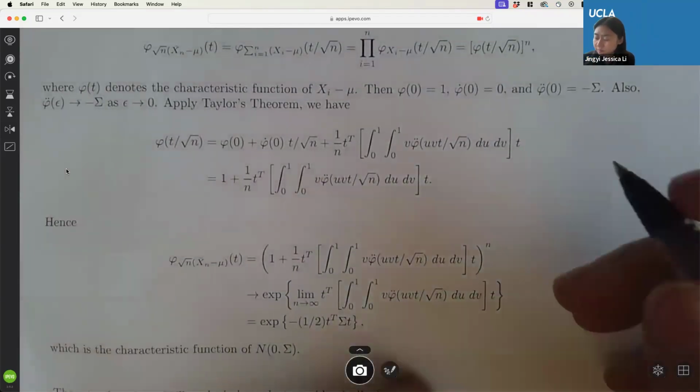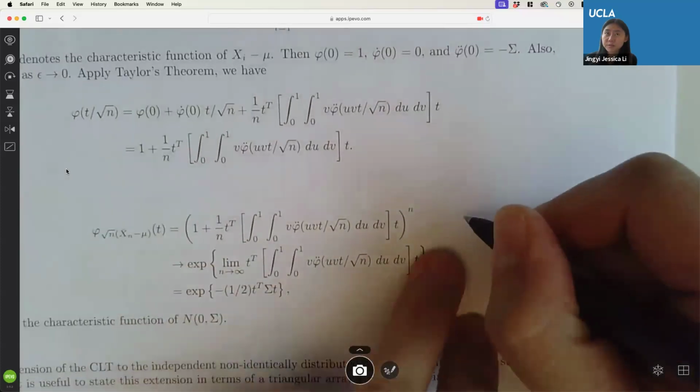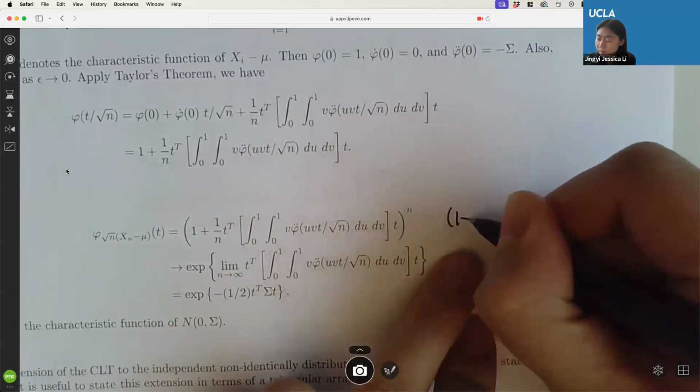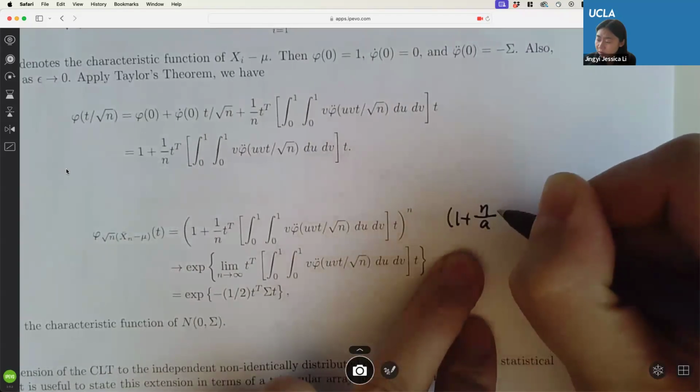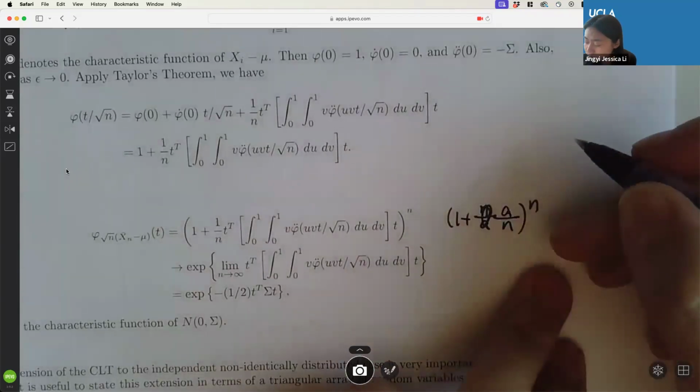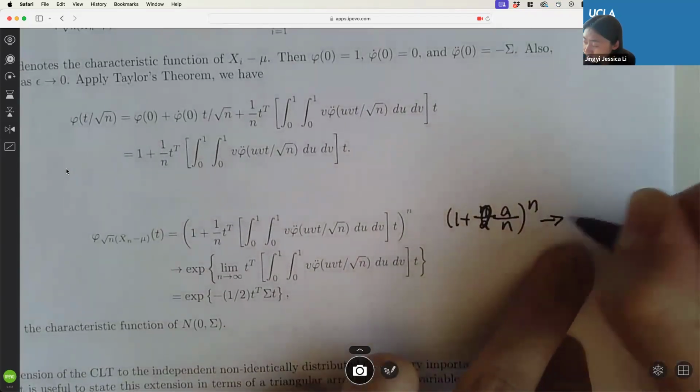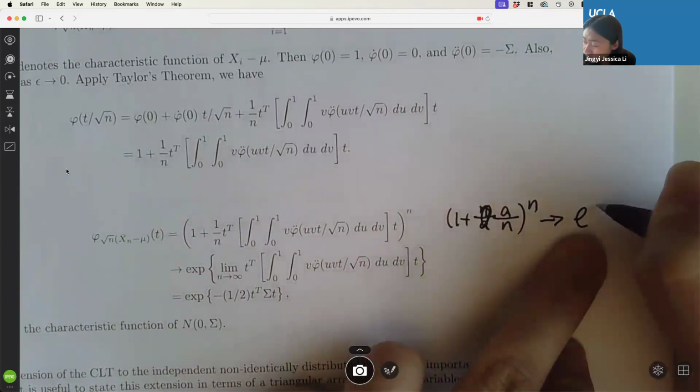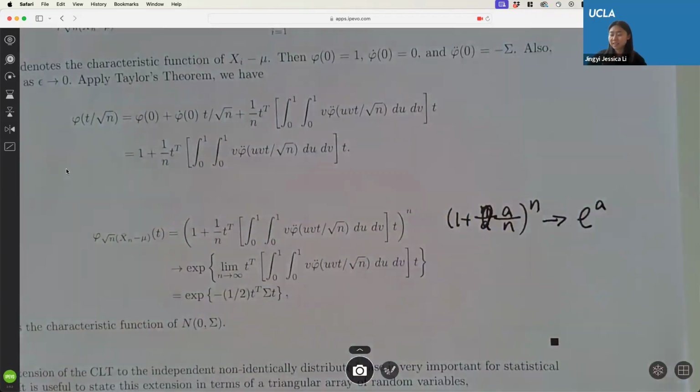I'll just quickly write it. It's just 1 plus a over n raised to the power n. This will converge to exponential a.